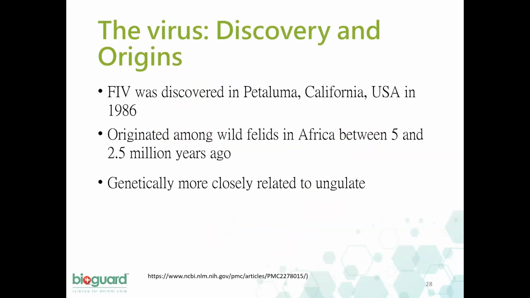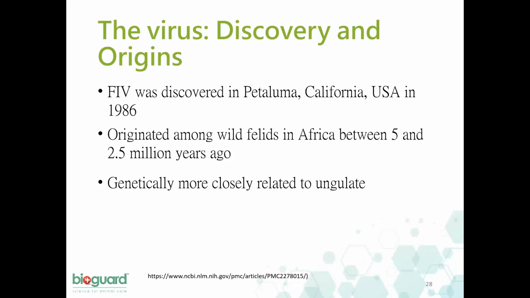They discovered the virus in a colony of cats that had a high prevalence of opportunistic infections and degenerative conditions. FIV originated among wild felids in Africa between 5 and 2.5 million years ago, disseminated through the Panthera lineage and ancestors of the African lion, then globally among New World cats as species-specific strains.